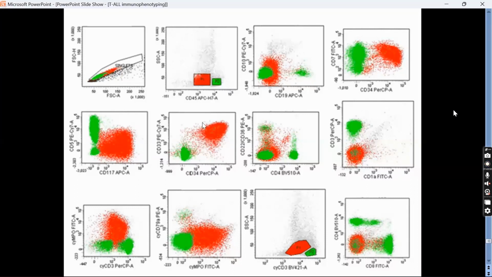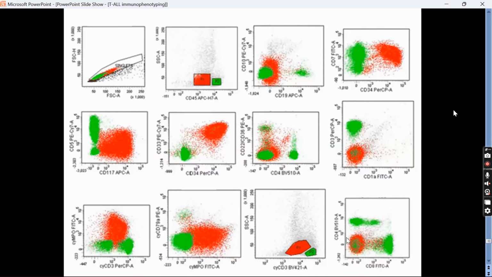CD33 is positive, moderate. CD34 is also positive as we discussed. CD4 is negative. CD1A is negative. MPO is very good positive. MPO variable but good positive. Your negative controls are here, so MPO is positive. Cyto CD79A is negative. The blasts are negative for CD4 and CD8.